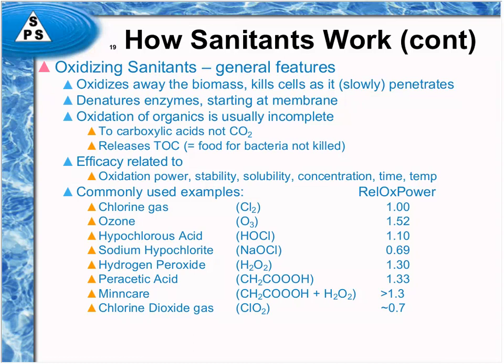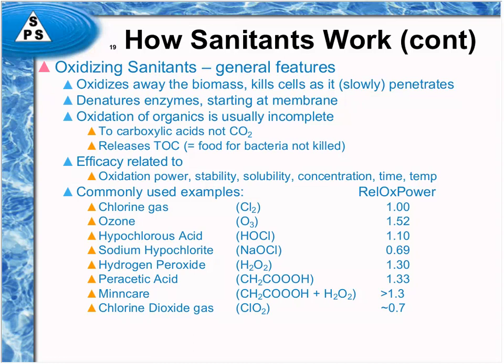And then the combination, I list Mincare, but Spore Cleanse, and there are a number of other agents that are sort of like a 1-to-5 ratio of peracetic acid to hydrogen peroxide. They have an oxidation potential about what their components are, which is about 1.3, but there are some potential advantages to those.